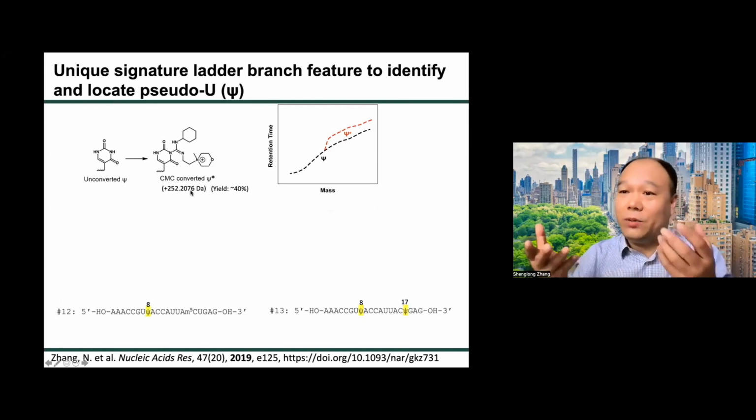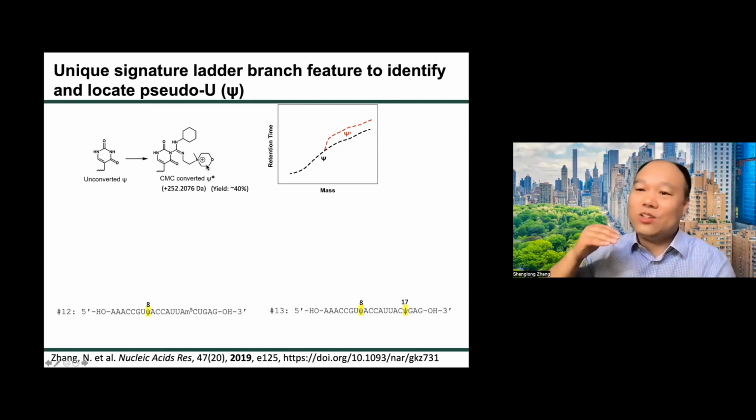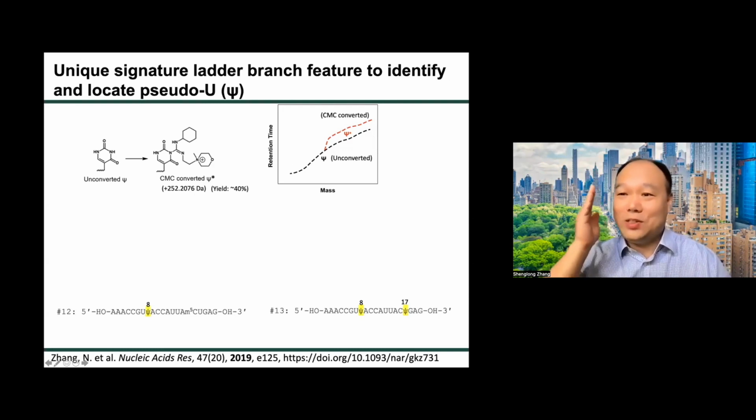So after the acid degradation of this ladder, the mass is going to shift to the bigger mass region. Also, CMC is more hydrophobic, so after the acid degradation, the ladder is going to move to a bigger retention time region. Also, this reaction is not 100% yield, so we are going to see two ladders: one corresponding to a converted one and one corresponding to a non-converted one. And this is all starting from the pseudouridine.